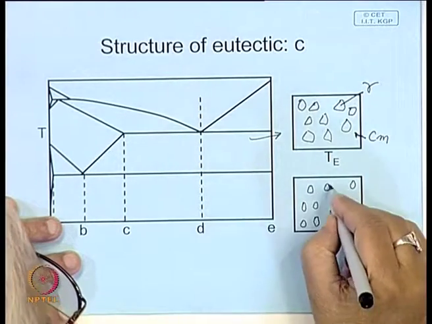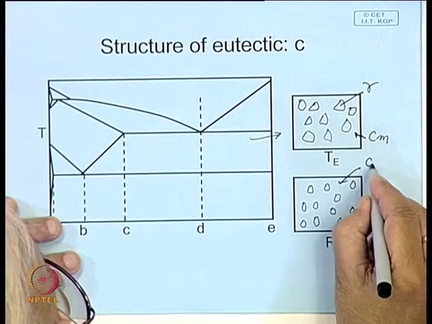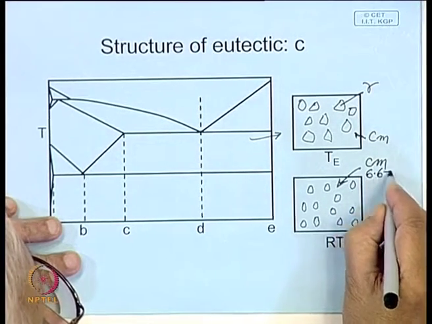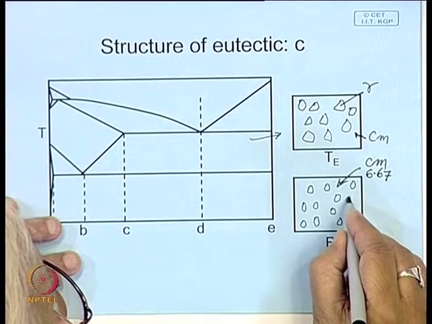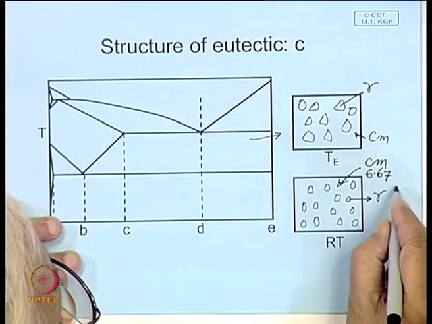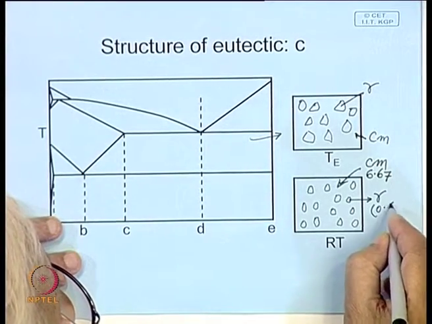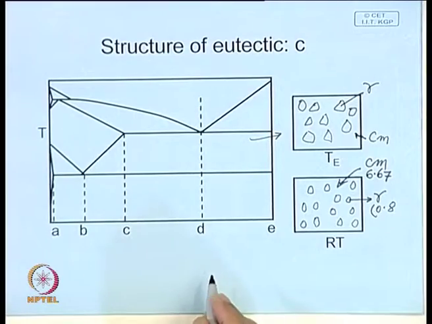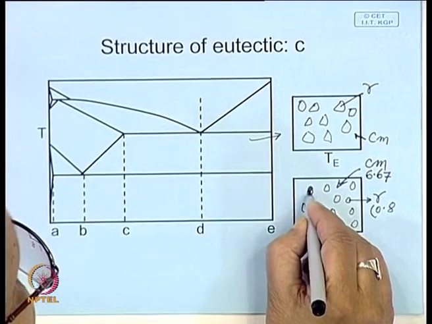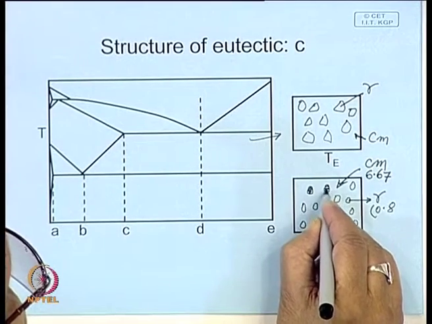And at the eutectoid temperature this is cementite, which has a definite carbon content of 6.67, and you have some of this austenite with carbon content 0.8%. Now, as you cool down further, this austenite gets converted into pearlite.